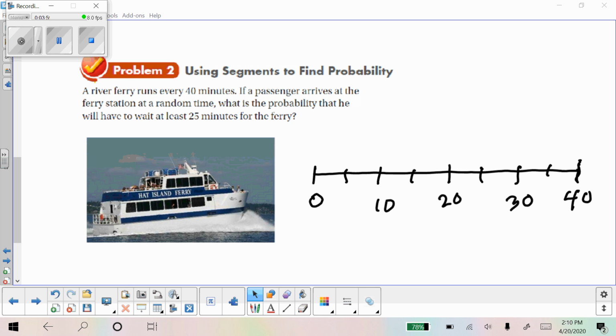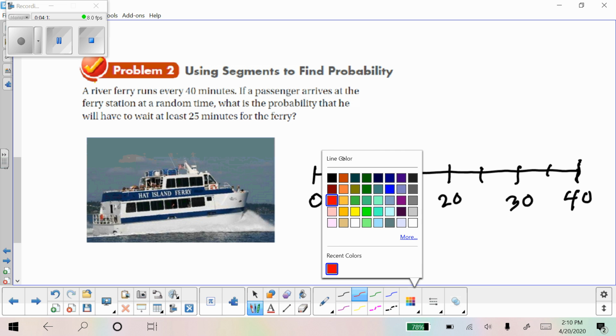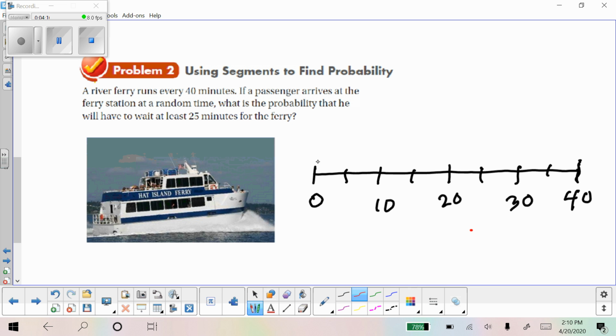So here's what my number line looks like. And this represents times when the passenger could show up. And if we just draw a little line from here to here, if you arrive anywhere in this red space, you are going to have to wait at least 25 minutes.